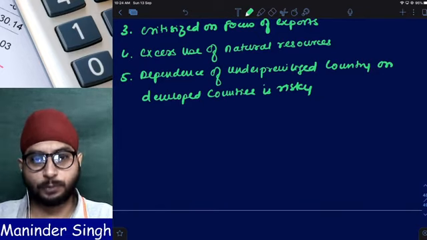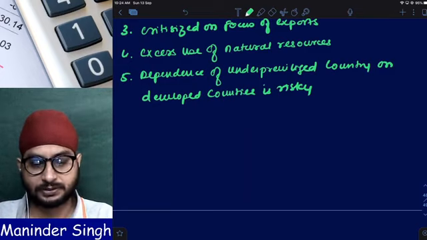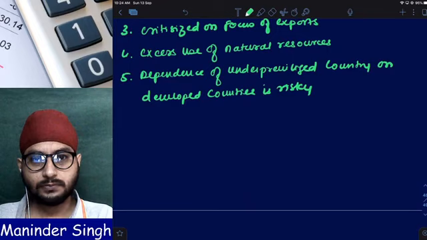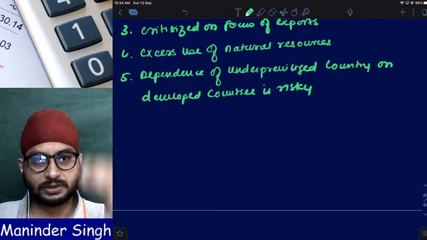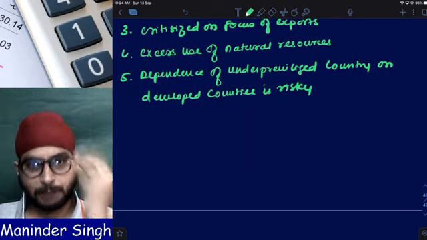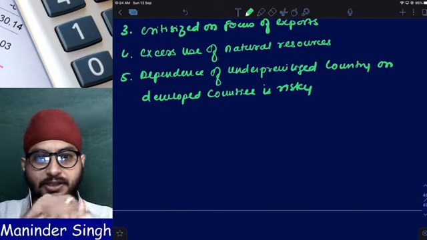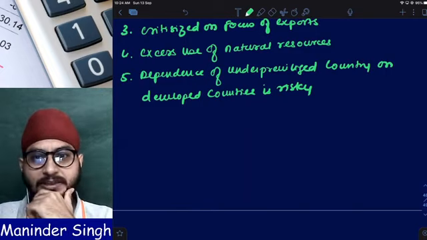Since they are unable to import, whatever stock was available with them, were they selling at higher prices or lesser prices? During the initial phases of corona, March, April, May, June, when international trade was completely restricted, they were selling at very high prices.